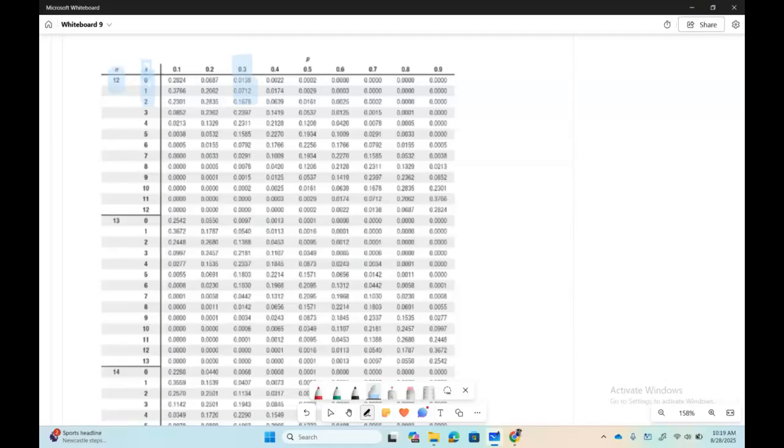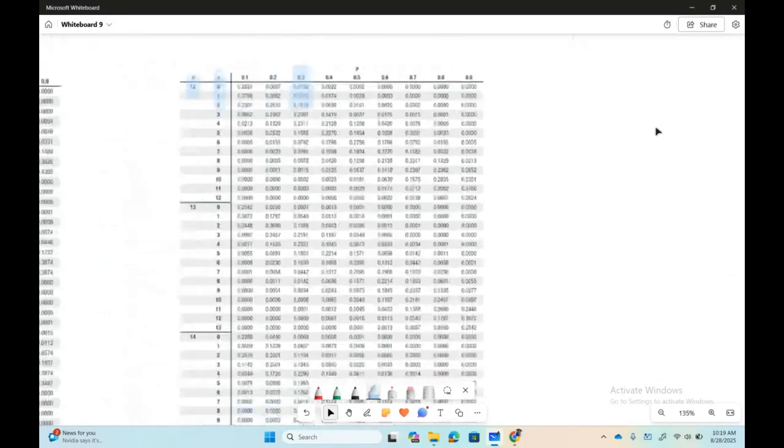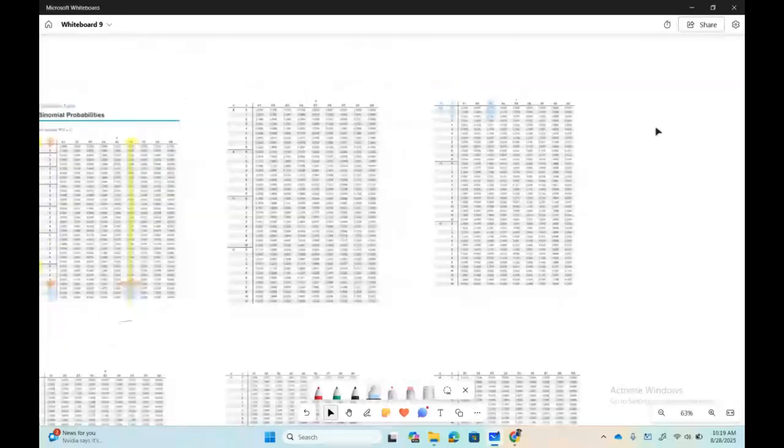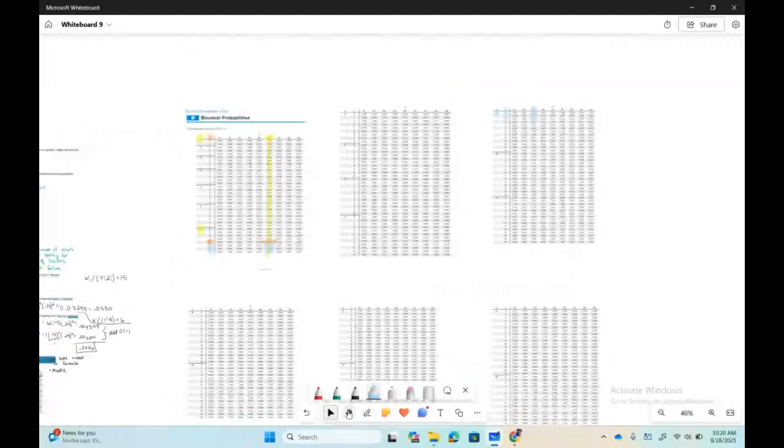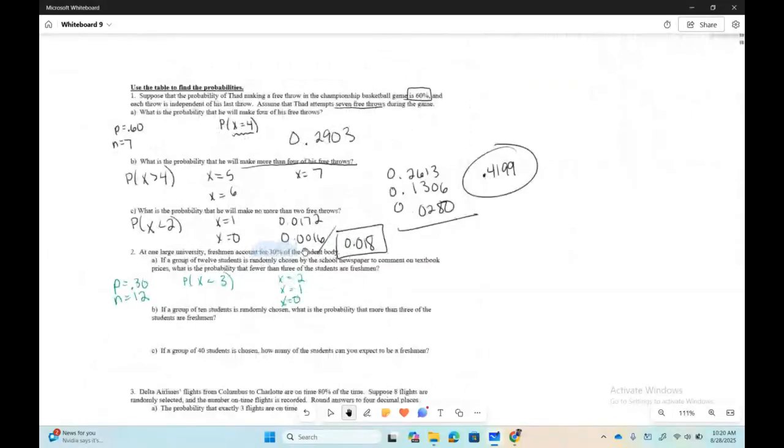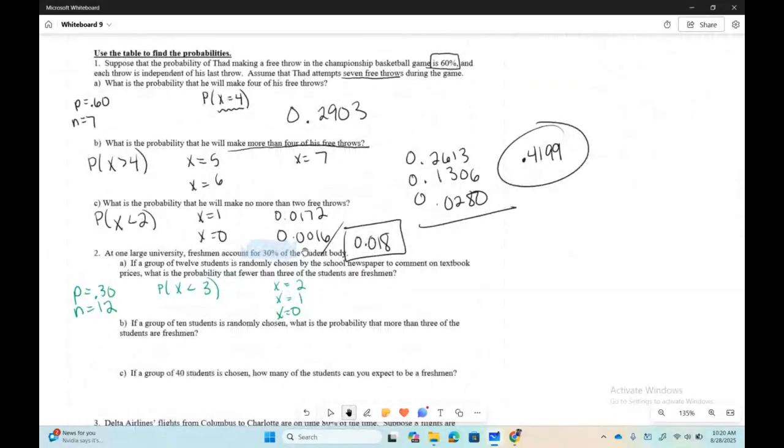Probability is 0.3. So I need to add up those 3 numbers to answer this question. All right. So we have a final answer of 0.2528 when I add up those 3 numbers.